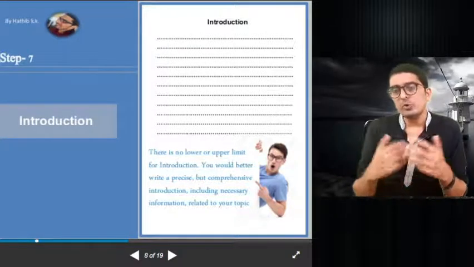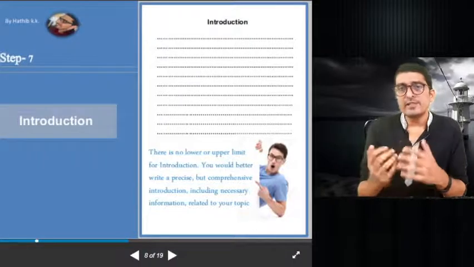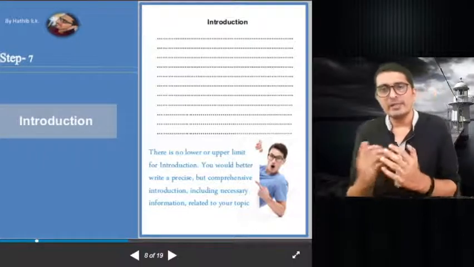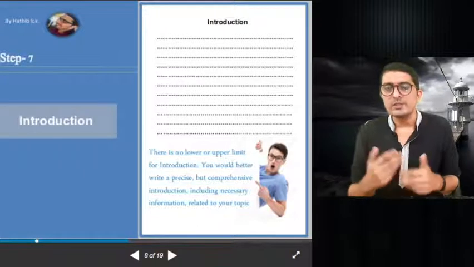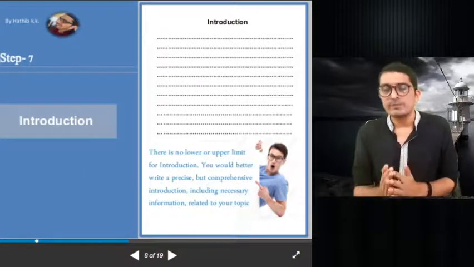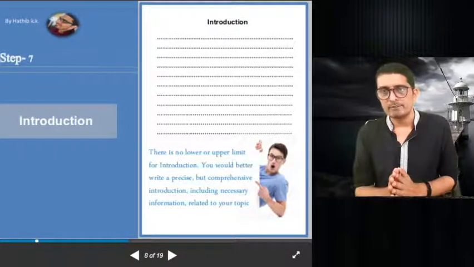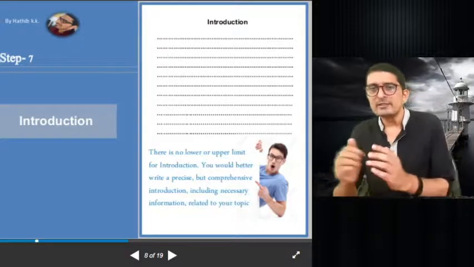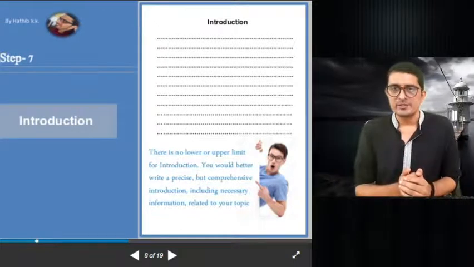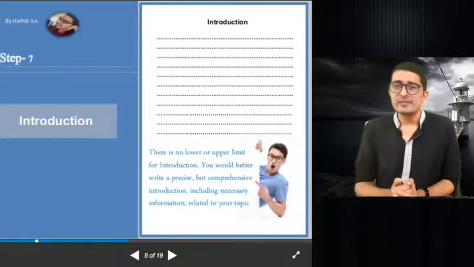For example, if you have selected a topic, significance of language across curriculum in the light of globalization, then you should first tell about language, then you should tell about language teaching process, then historically significant events in the case of language teaching.